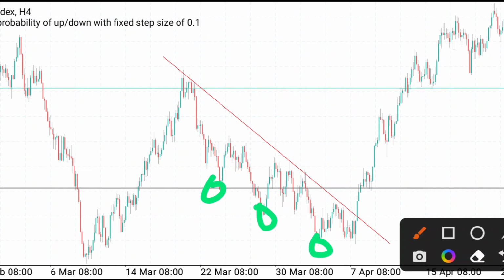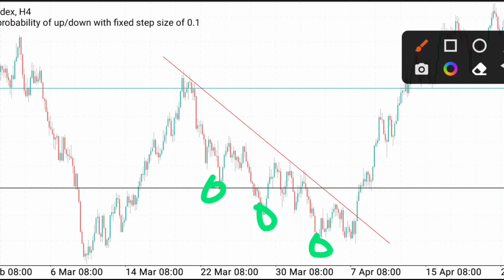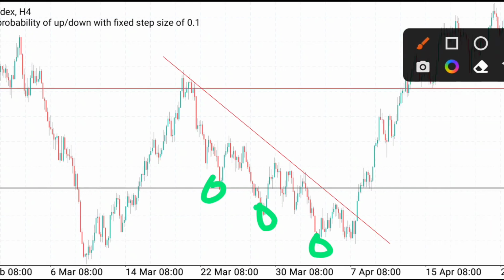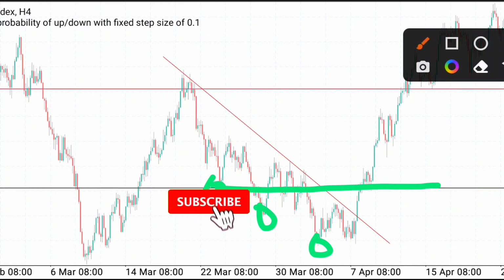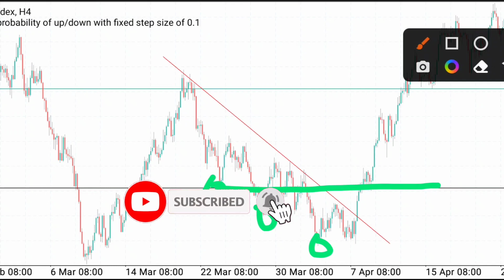Now we want to mark. We have marked the first one. This is the first line. Now we need to look out for the second line, which is the second low. Let me remove this for now, please.